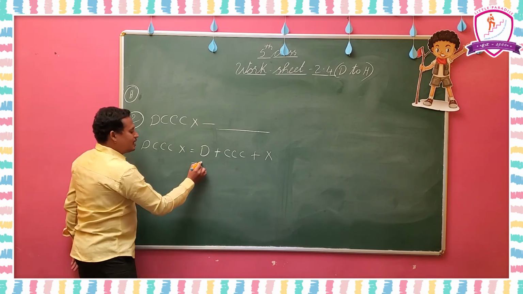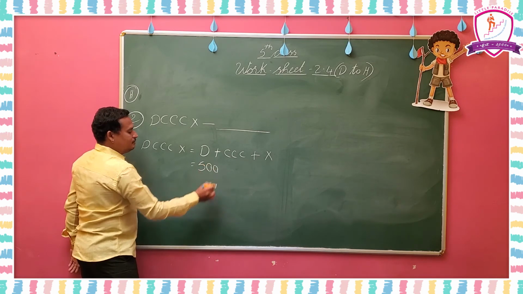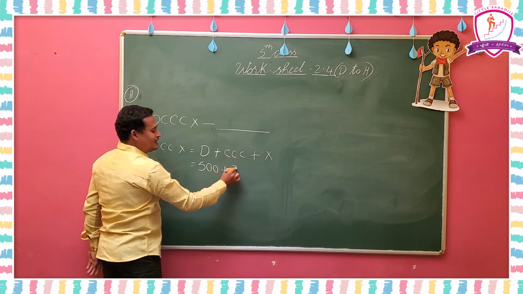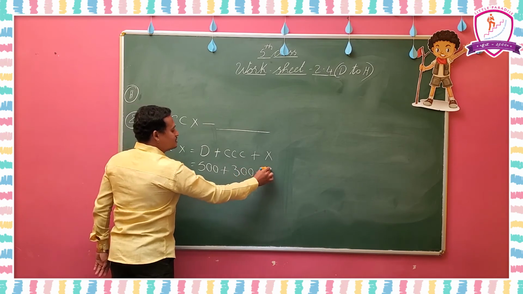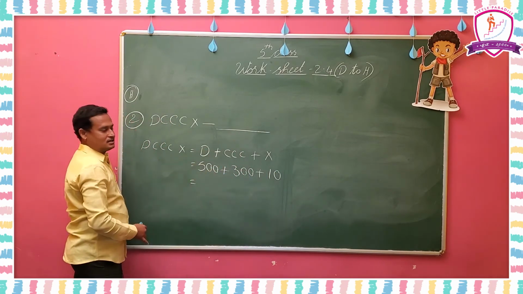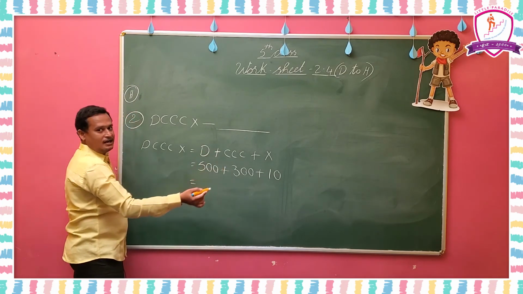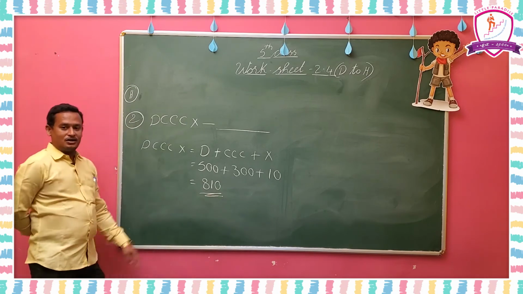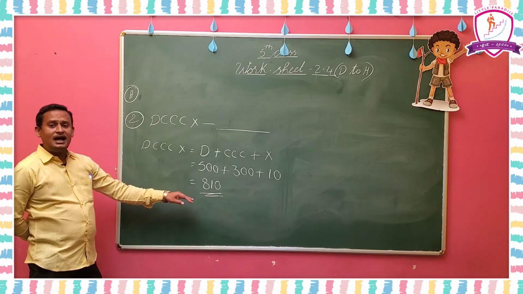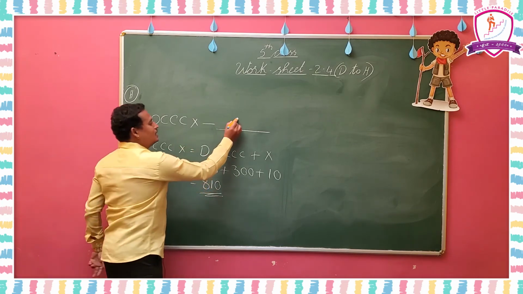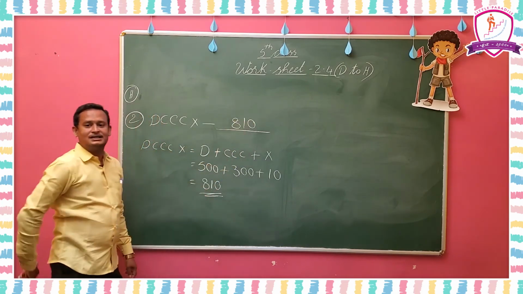Here D means 500, plus 3 C's means 300, plus X means 10. So 500 plus 300 is 800, 800 plus 10 is 810. 810 will be the Hindu Arabic number for the Roman number. Understood? You can write this 810 in your application book like this.